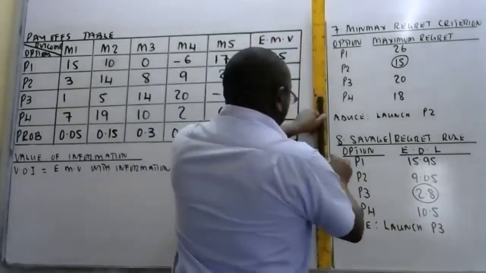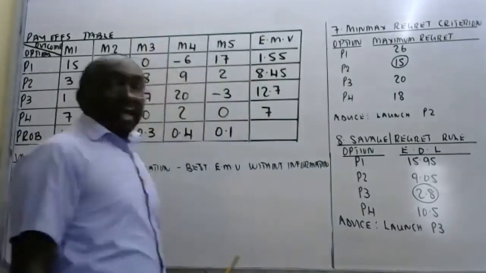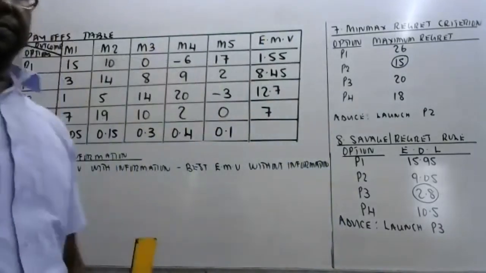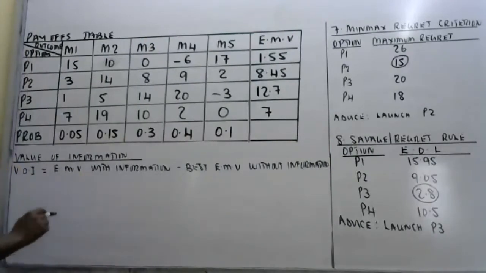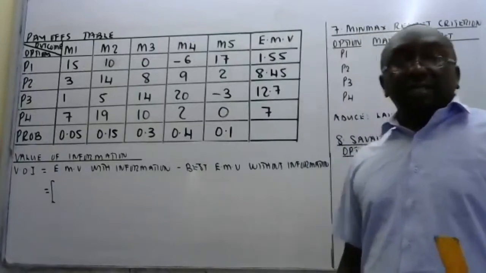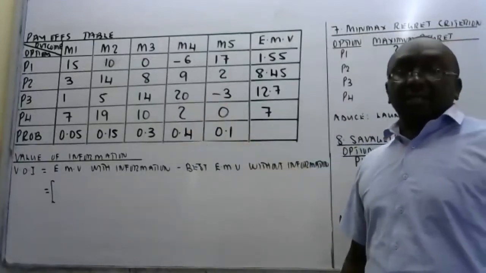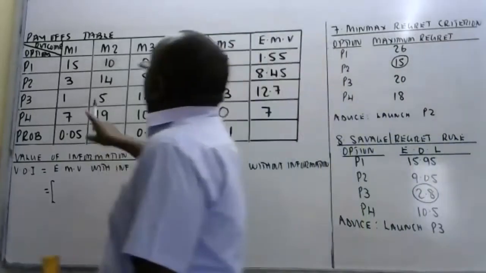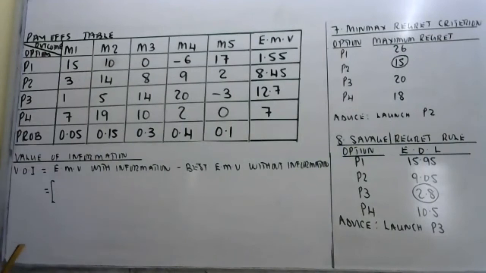These formulas, you can clearly also find them in my book. They are well illustrated. So, with information, someone who has information does not waste time. They know what to pick, and they go picking for the best. So, you come to the original payoffs table. In M1, you pick the best.